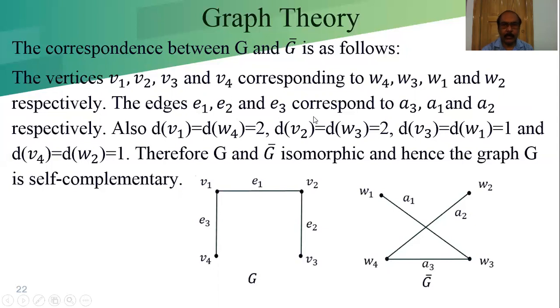The edges E1, E2 and E3 correspond to A3, A1 and A2. Now we can check that the degrees of corresponding vertices are the same. Therefore we can say G and G bar are isomorphic, and hence the graph G is self-complementary. When we find the complement of a graph and it becomes itself, then we say it is self-complementary.